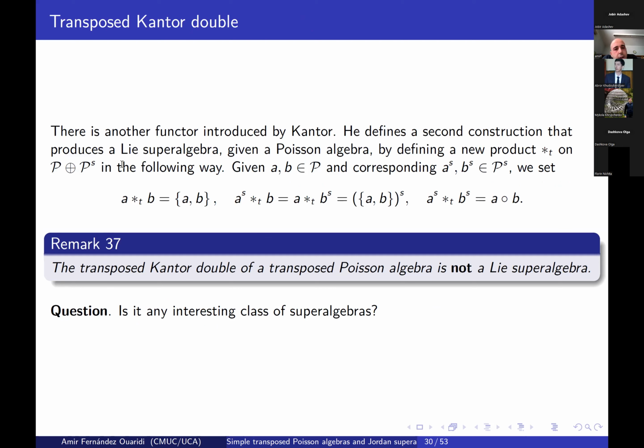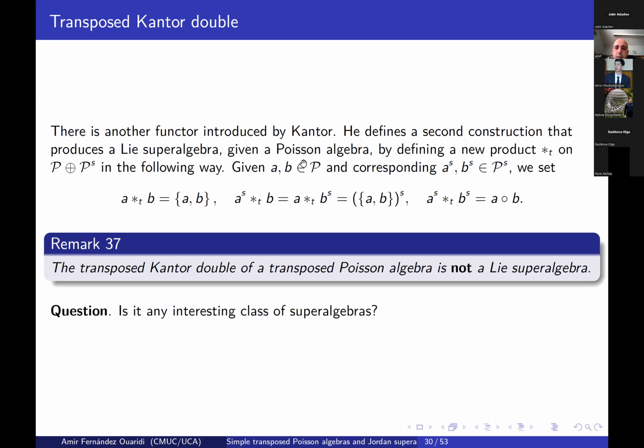Now, we can also define another construction very similar to the Kantor double, which I call the transposed Kantor double. It was also introduced by Kantor, and it appeared in his paper. He defines this construction in the following way.